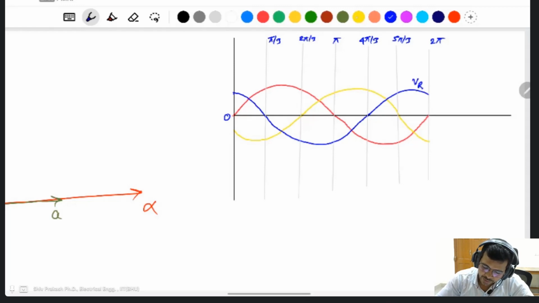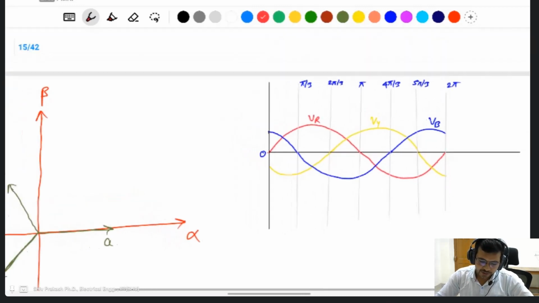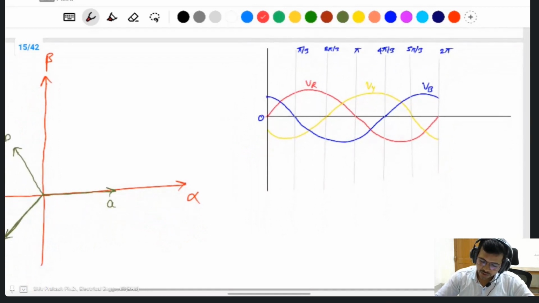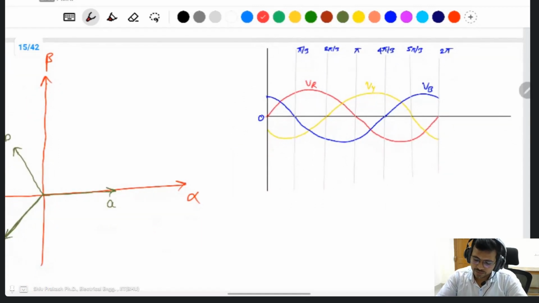VR, VY, sorry, VB. This is the VR. At any point you take a resultant vector.